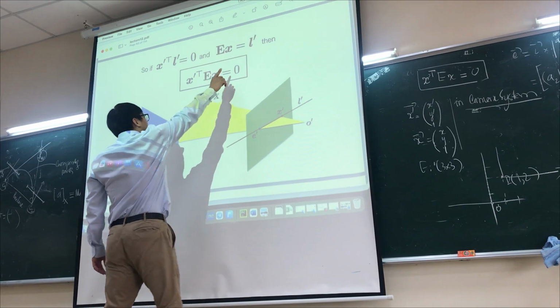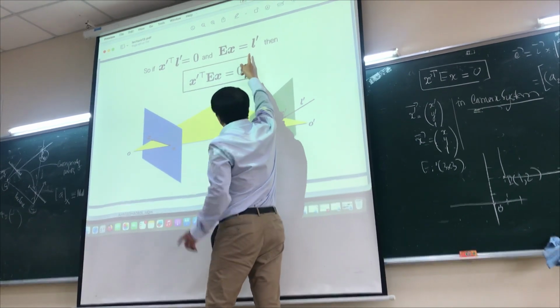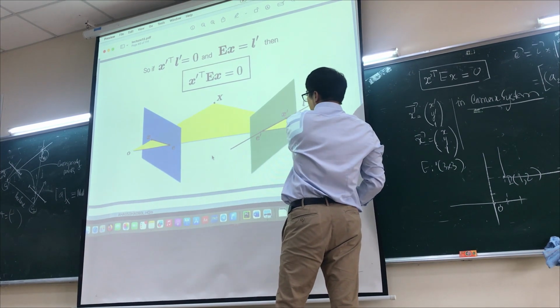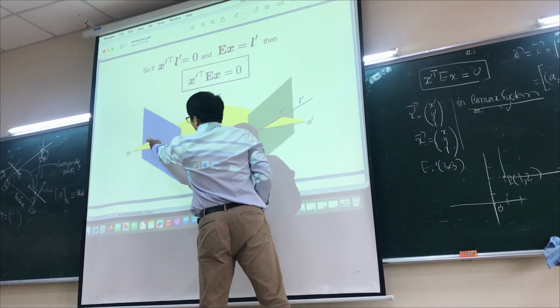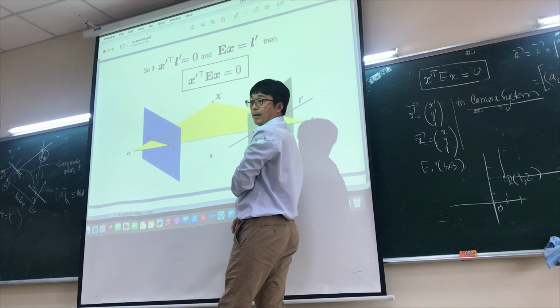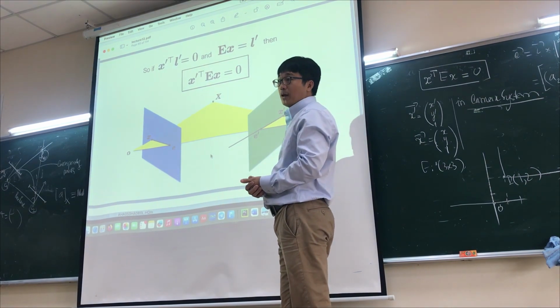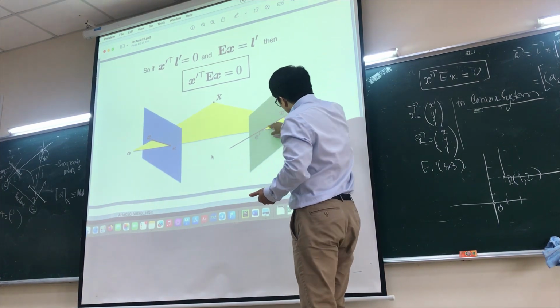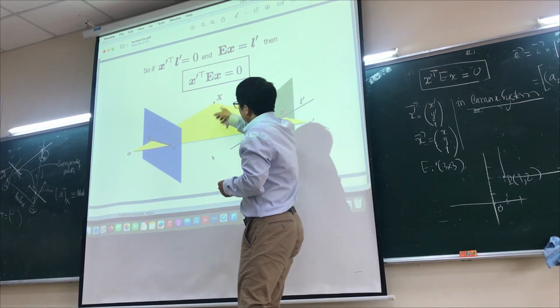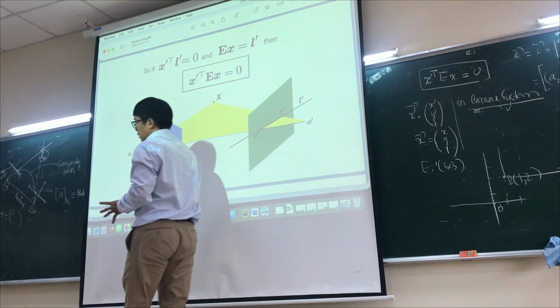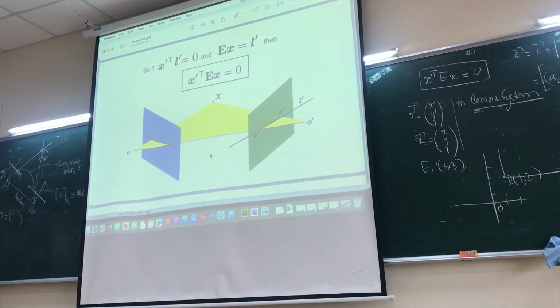In order to determine the epipolar line, the equation of the epipolar line, you just take this point and multiply it with E. Okay, that is the application.